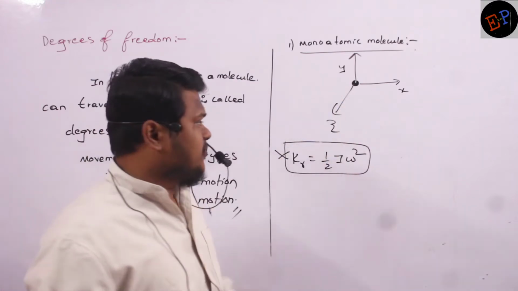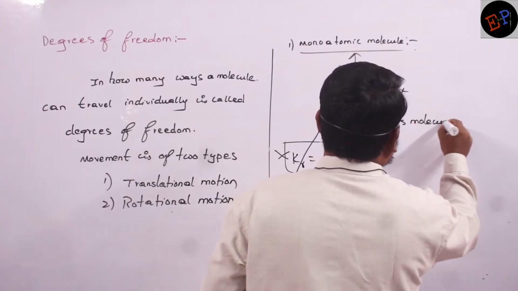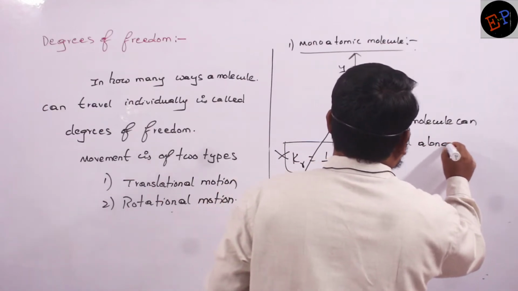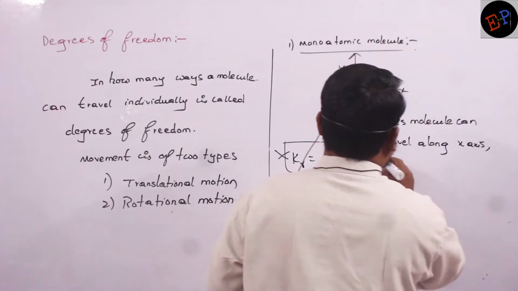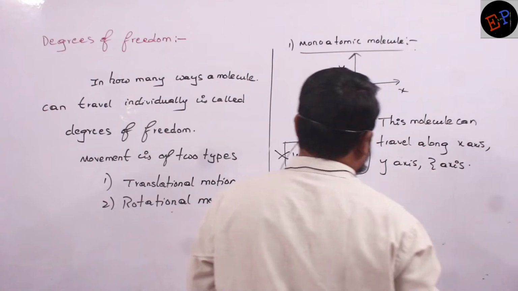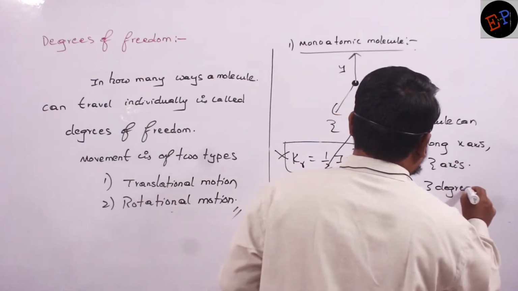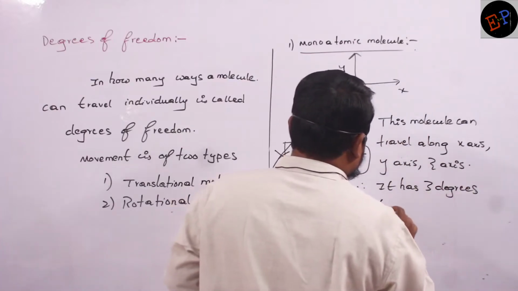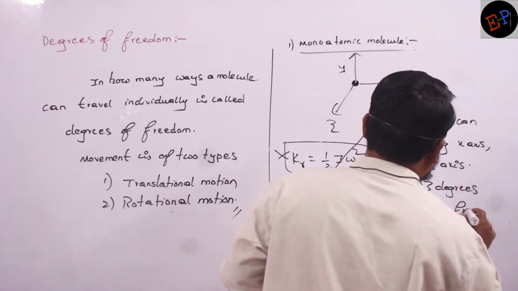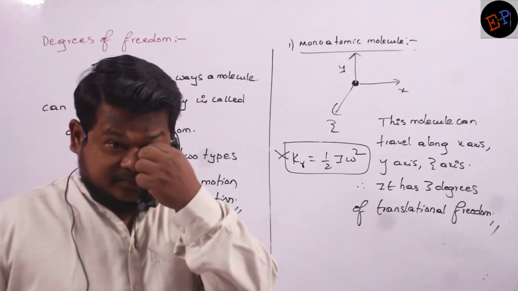So therefore we say this molecule can travel along the x-axis, y-axis, z-axis. Therefore, it has 3 degrees of translational freedom. Are you able to understand?